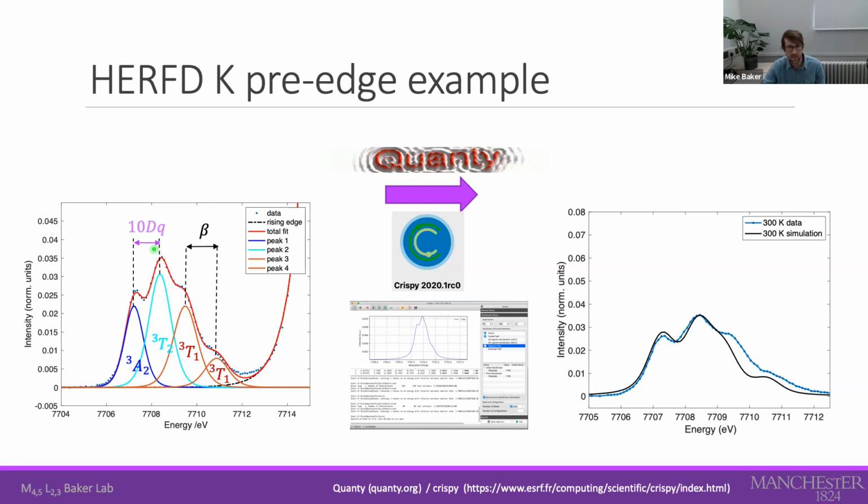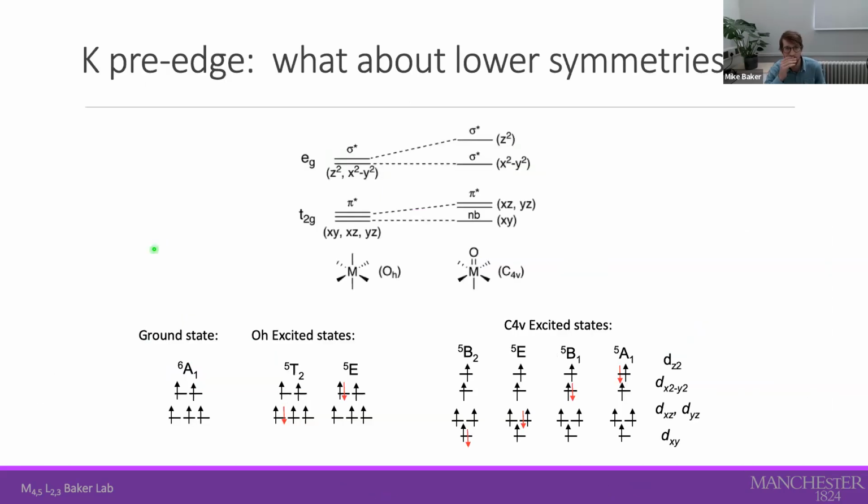So in the next example, I want to consider what happens when we go to lower symmetries. If we descend from octahedral symmetry down to C4v symmetry, then what we see is a splitting of the T2g orbitals and eg orbitals.